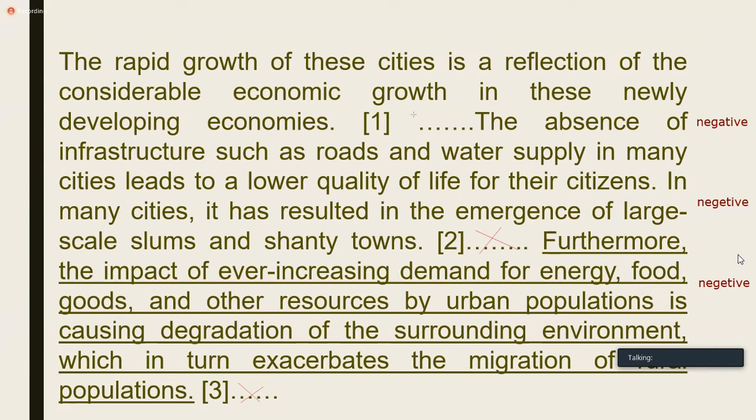What about position 1? Can we insert it here, after the first sentence? The first sentence says the rapid growth of these cities is a reflection of the considerable economic growth in these newly developing economies.